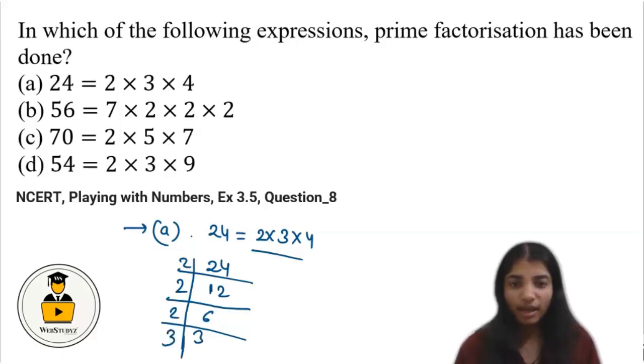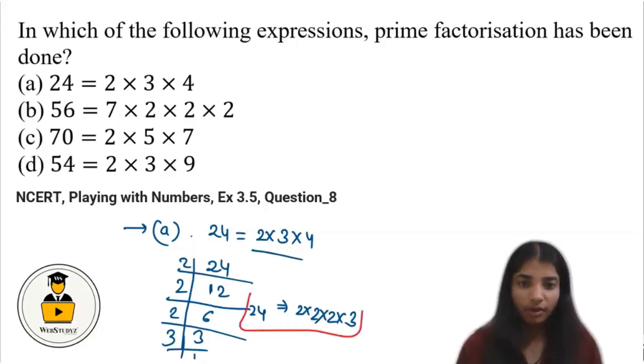And when 3 is divided by 3, we get 1. So from here, we can write that the prime factors of 24 are 2 multiplied by 2 multiplied by 2 multiplied by 3.